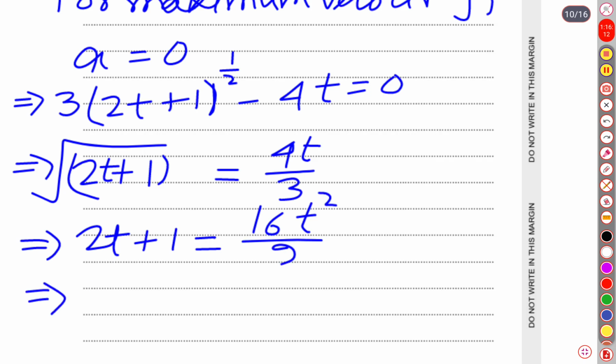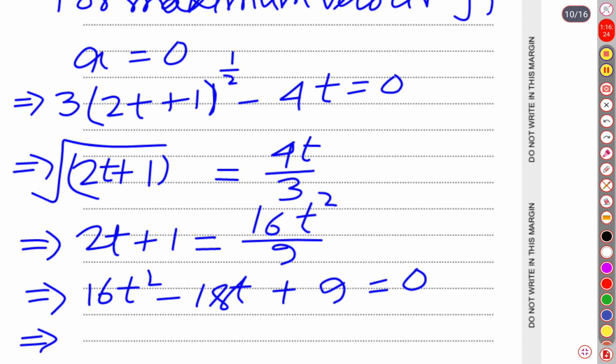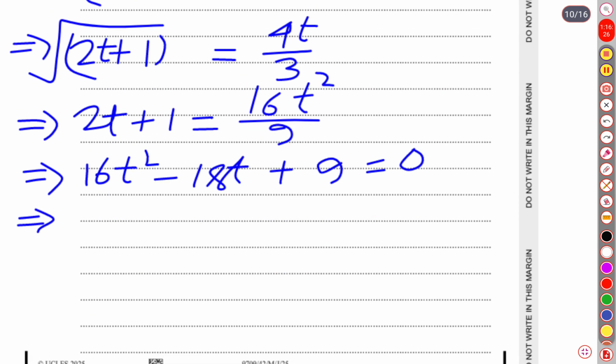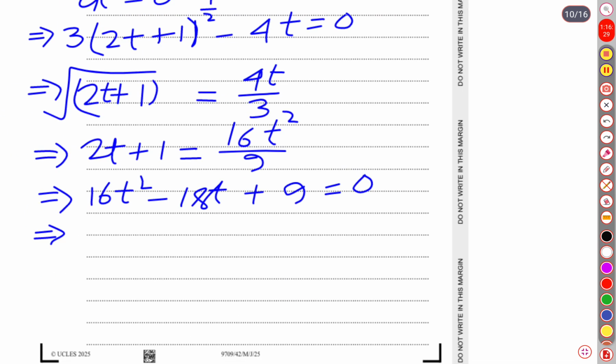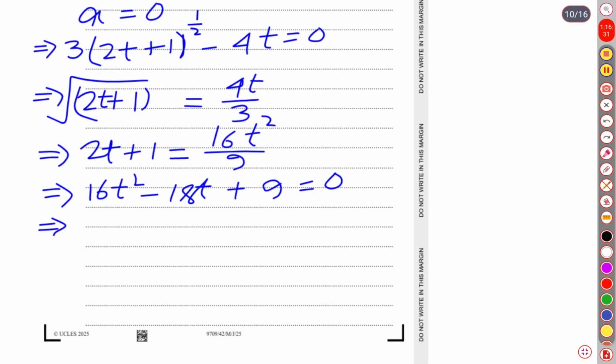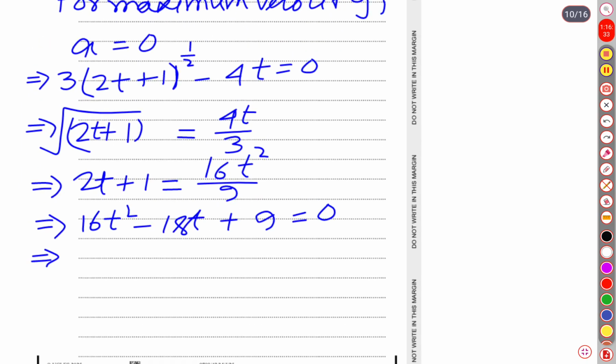Then it is going to be 16t squared minus 18t minus 9 equal to 0. Now if we factorize this, 16 nines are 144 and 24. Sorry, it is going to be negative 9, not positive.